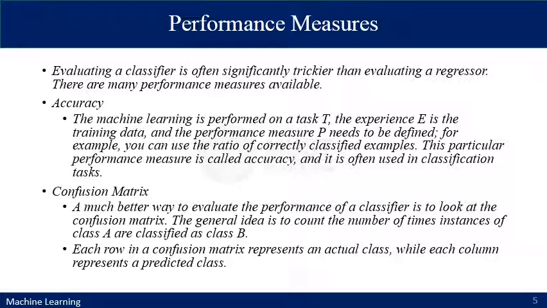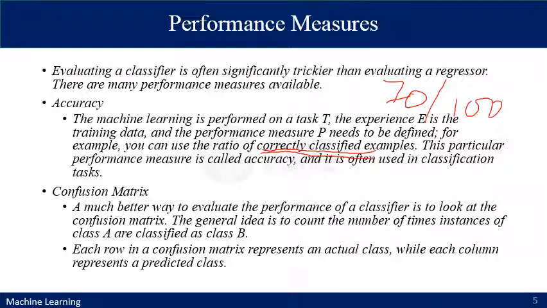For example, you can use the ratio of correctly classified examples with respect to the total examples. This particular performance measure is called accuracy, and it is often used in the classification task. For example, if you had 100 examples and your classifier correctly classified 70 of the 100 examples, then your classifier has an accuracy of 70%.